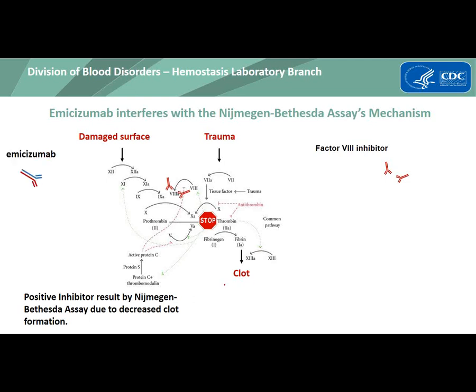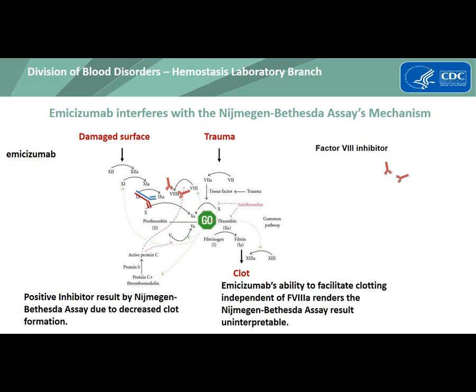Now, everything being the same, including the presence of an inhibitor, if you have emicizumab on board, despite the fact that factor VIII inhibitors are binding factor VIII, emicizumab can still co-localize 9 and 10, therefore bypassing the stop sign that the VIII inhibitor put up.